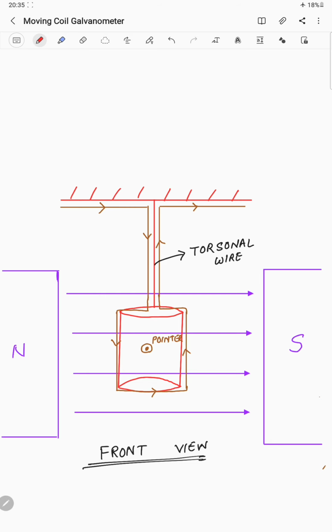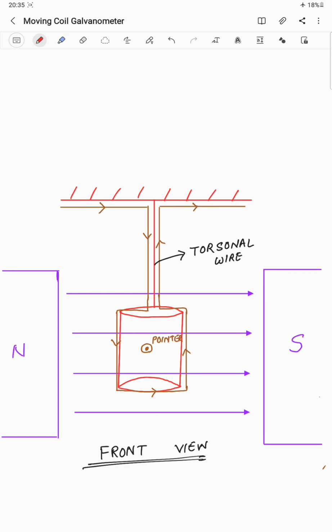So this is the setup, and it is quite obvious, if the current flows through the coil and it is placed in a magnetic field, it will encounter a torque. Because of that torque, it will try to rotate, but that rotation will be opposed by whom? By the torsional wire, which will also produce a restoring torque. So what we have to do here?